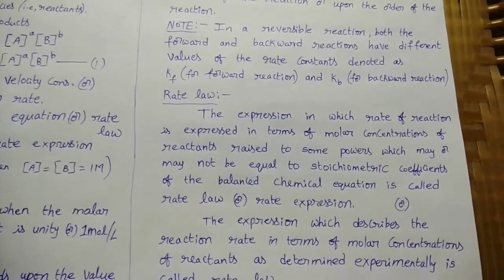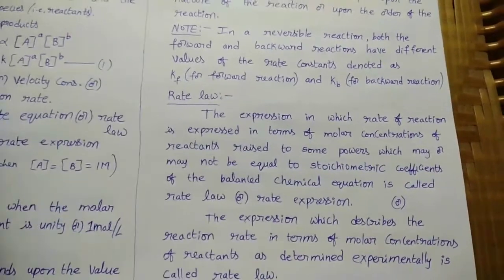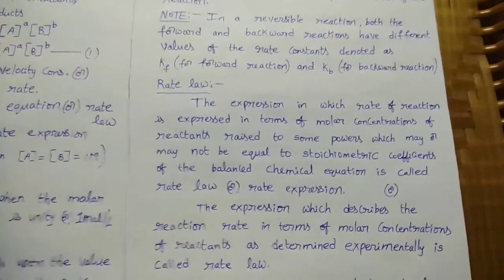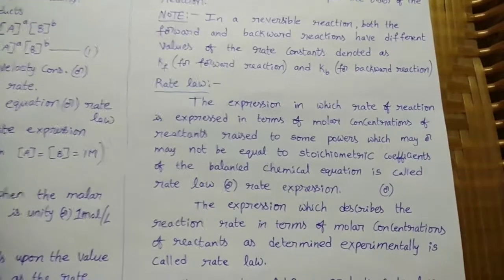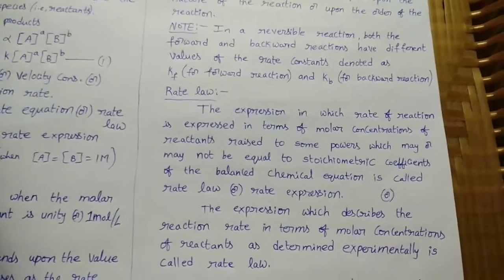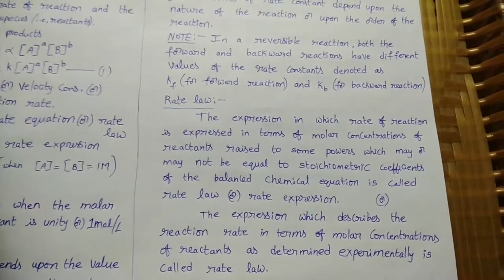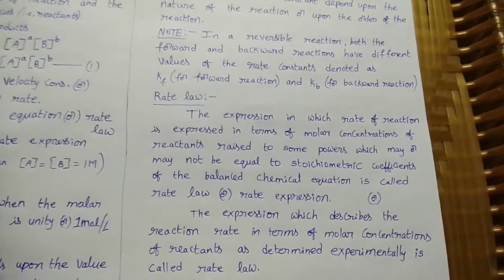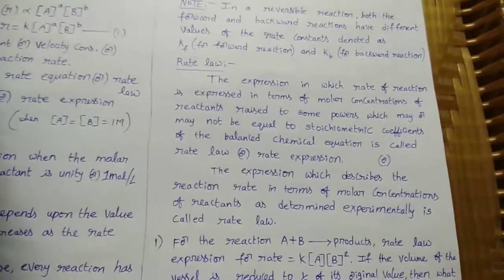Simply, it is the expression which describes the reaction rate in terms of molar concentrations of reactants as determined experimentally. That means based on the experimental result, the rate of reaction is written in terms of molar concentrations, that is the rate law.